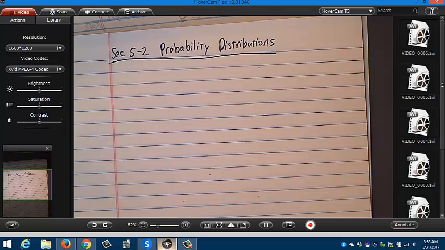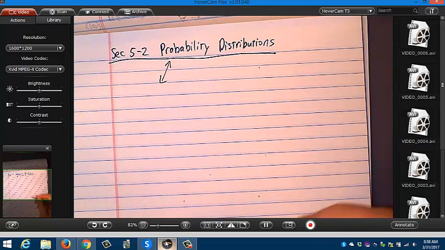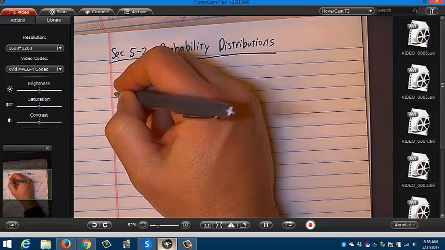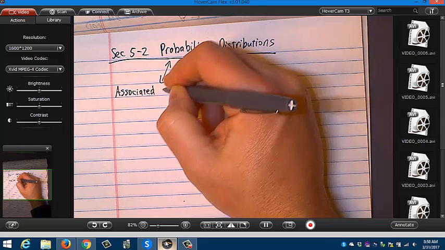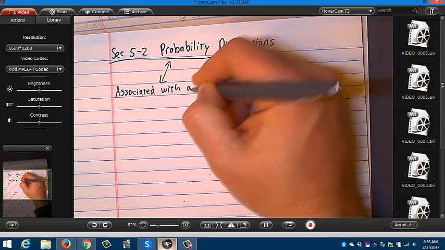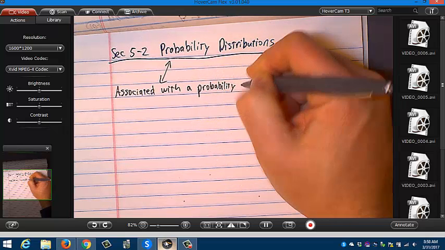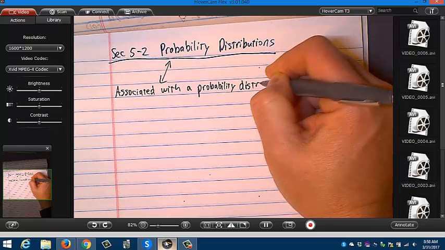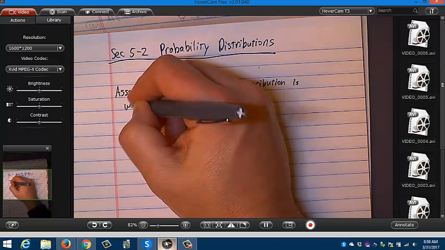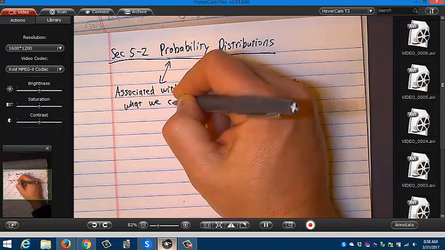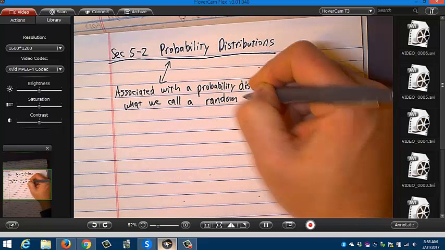But one idea that I think is important is the following. It's not particularly emphasized in our book, but I think it's very useful. Associated with a probability distribution is what we call a random variable.